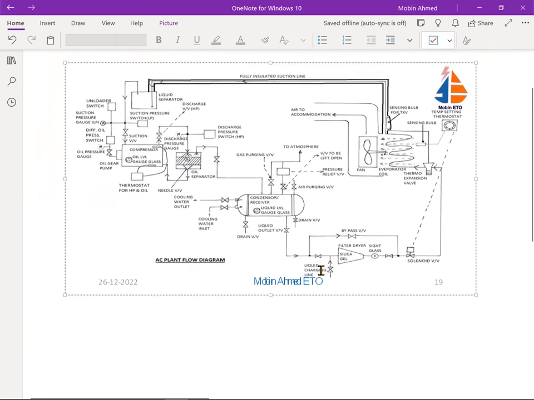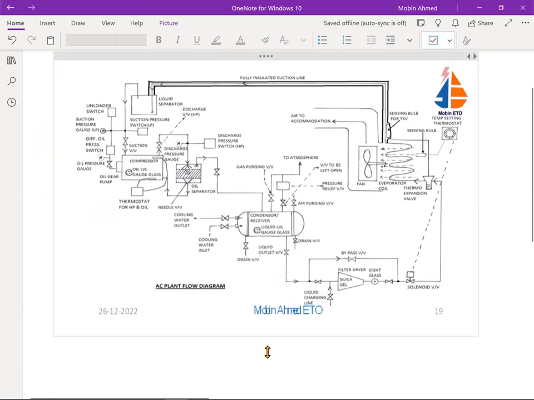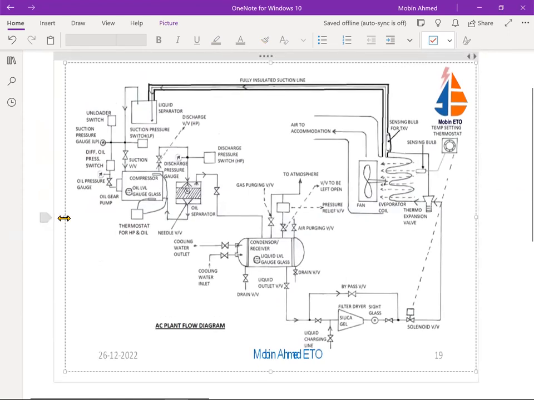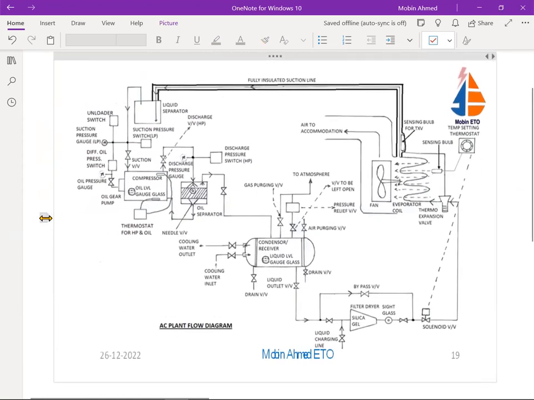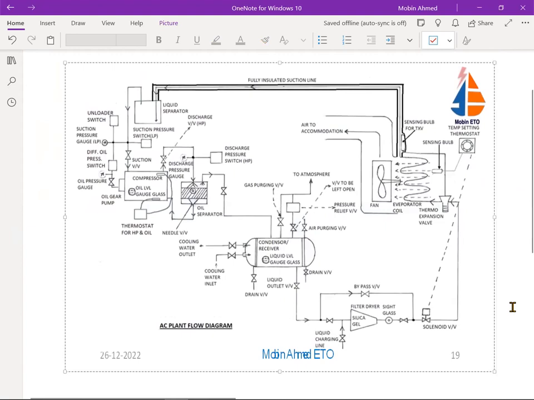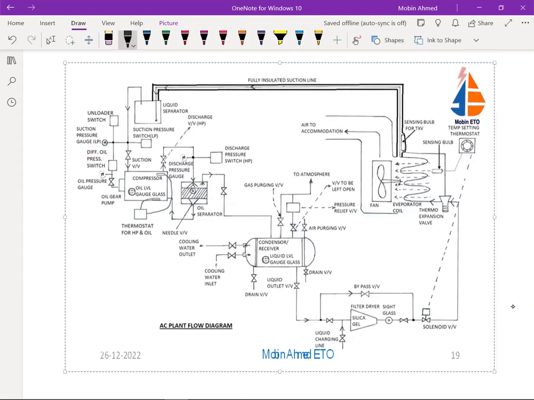Here is a diagram, the flow diagram you can say, or generally it is known as the P and I diagram, not as a flow diagram but P and I. So let's see how it is going to work.